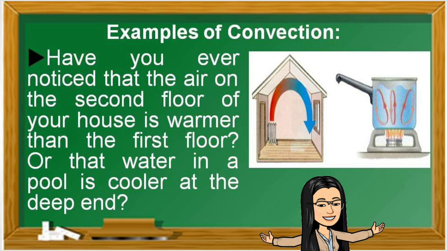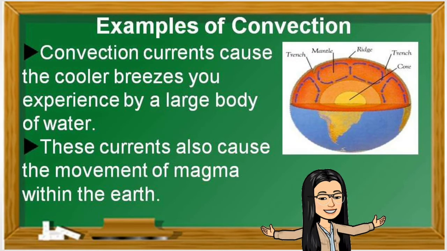The surrounding cooler water flows into its place. This flow creates the circular motion as seen on the next page, which is known as convection currents. Convection currents cause the cooler breezes you experience by a large body of water. These currents also cause the movement of magma within the earth.